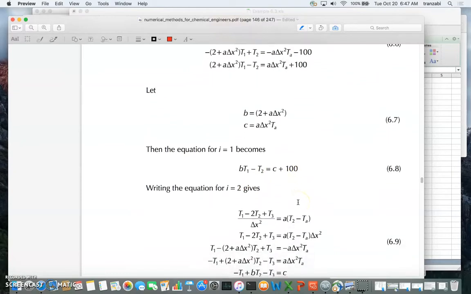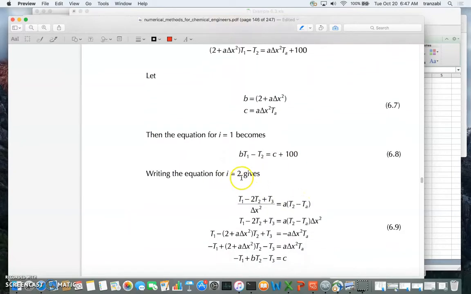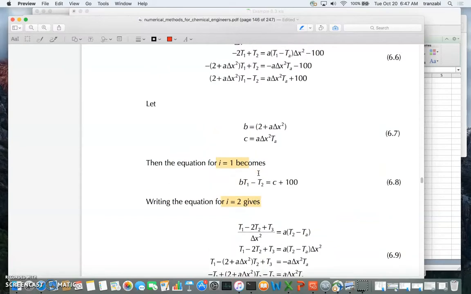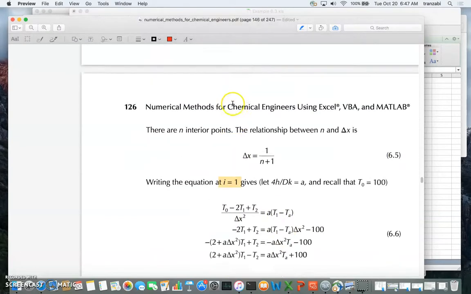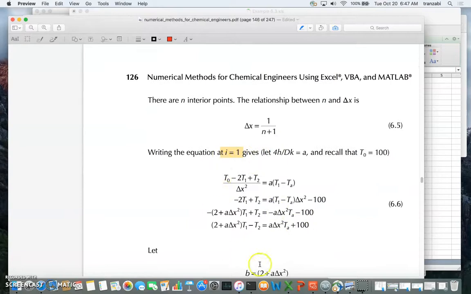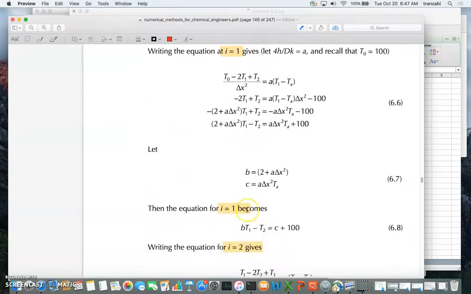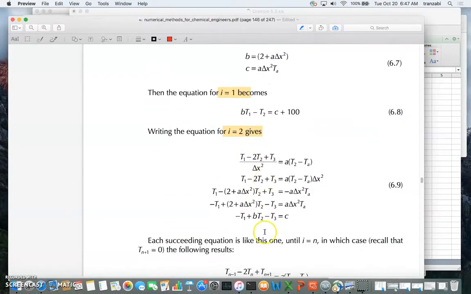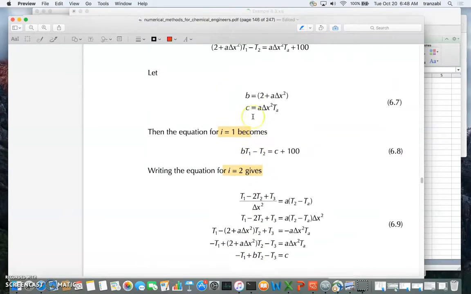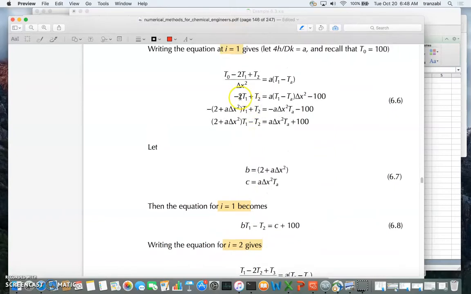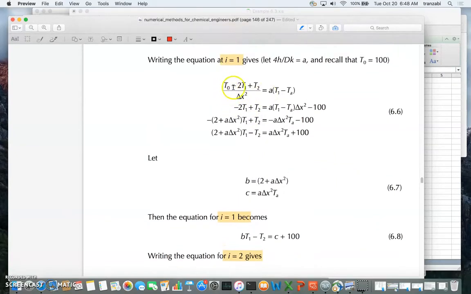Okay? We redo the same thing when i is equal to 2 now. So this was i equal 1. We're going to replace i by 2 and redo this simplification. This time we get, well, we're going to crank up all the indices right here by 1, so it's going to be T1 minus 2T2 plus T3 divided by del x squared is equal to a times T2 minus Ta.